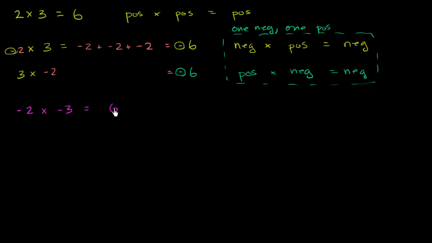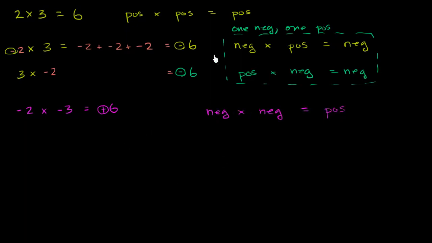And so you will actually end up with a positive 6. I actually don't have to write a positive here, but I'll write it just to re-emphasize. This right over here is a positive 6. So we have another rule of thumb here. If I have a negative times a negative, the negatives are going to cancel out, and that's going to give me a positive number.